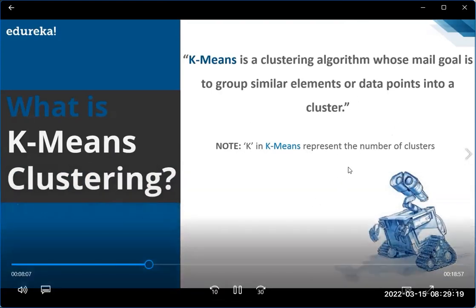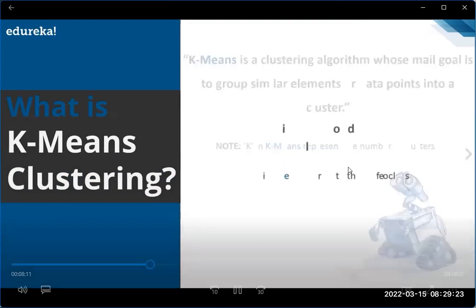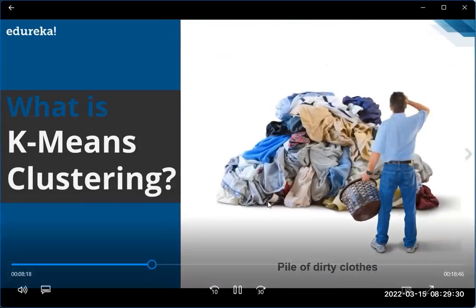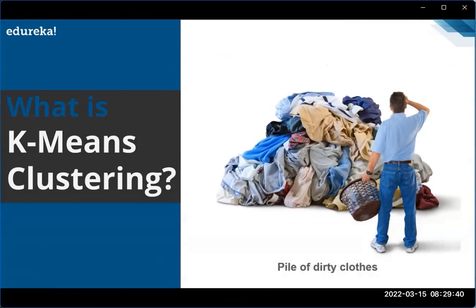Data points to one of the k groups based on the features that are already provided. Okay. Now let's understand this k-means clustering with an analogy. Suppose that you are shifted to your hostel and you don't know how to wash your clothes. You have to do your laundry on your own. All right. So at the end of the month, you see that you have collected a big pile of clothes and they're waiting for you to wash them. So how will you do that?